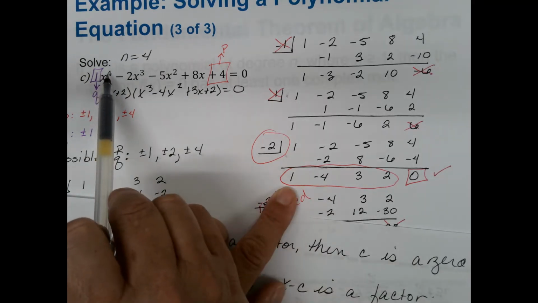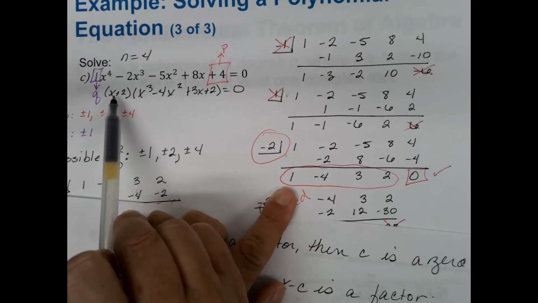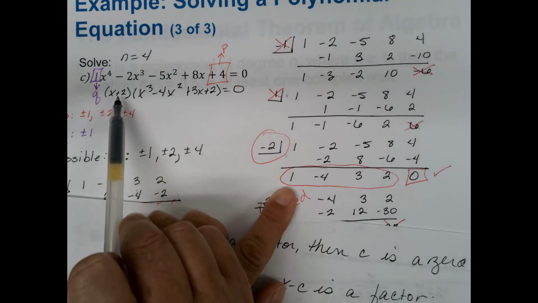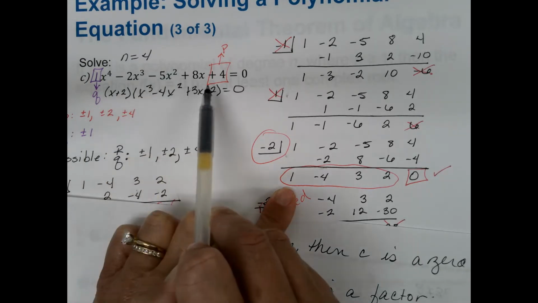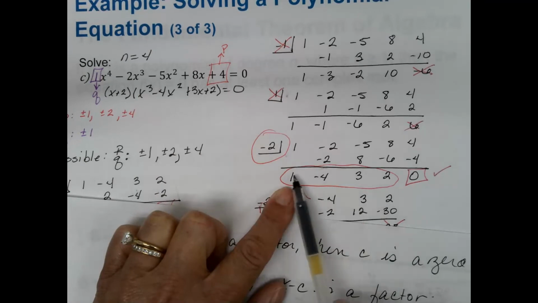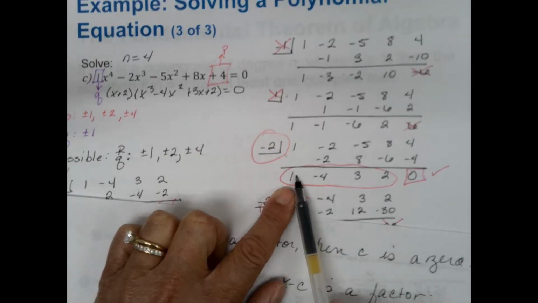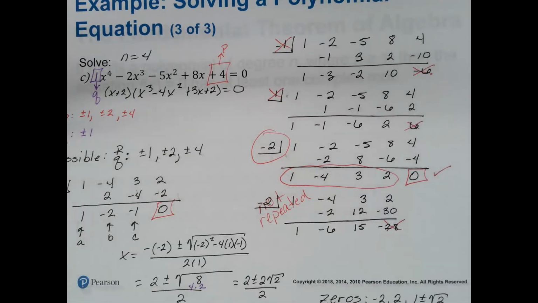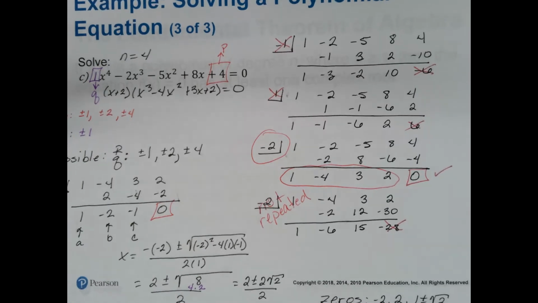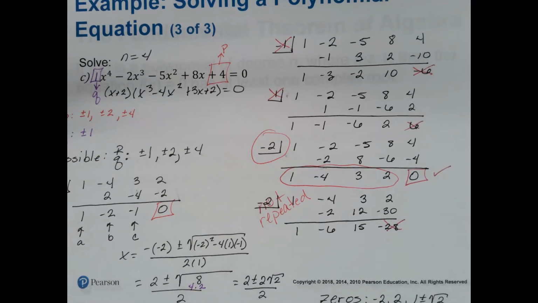So I had a 4th degree polynomial. I have 1 degree taken care of with this factor. So that must mean that the remaining polynomial is a cubic. Okay. So there's a lot of little tiny details that all fit together here. Does that make better sense? Good. Great question.